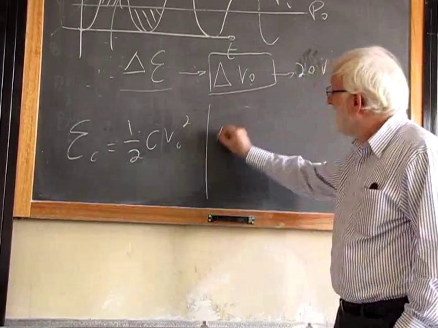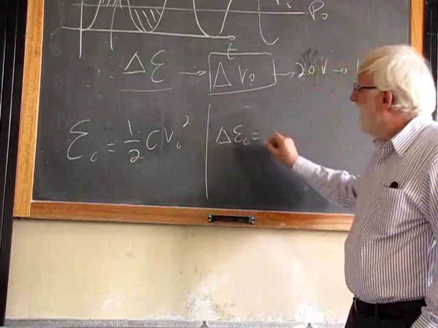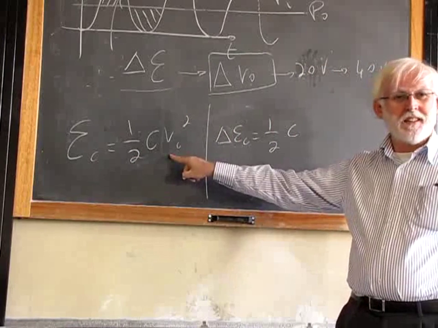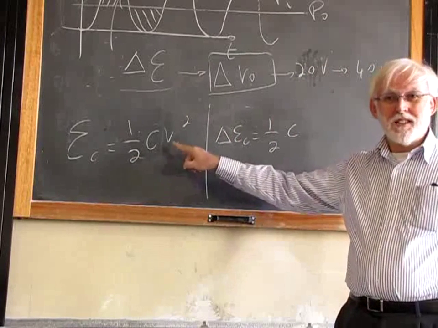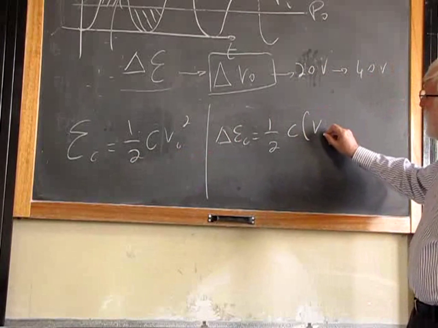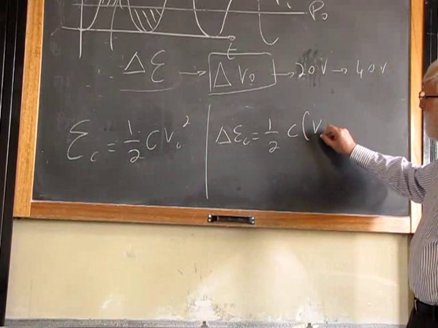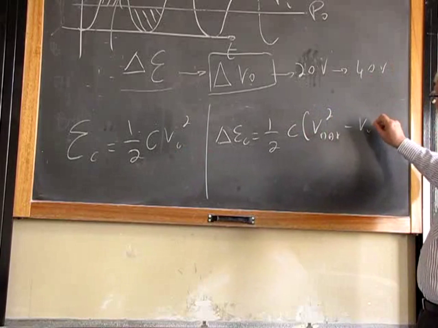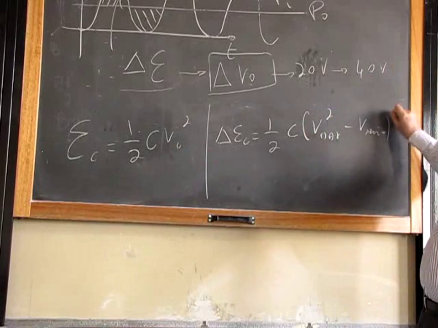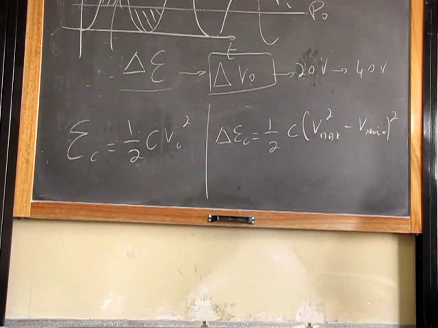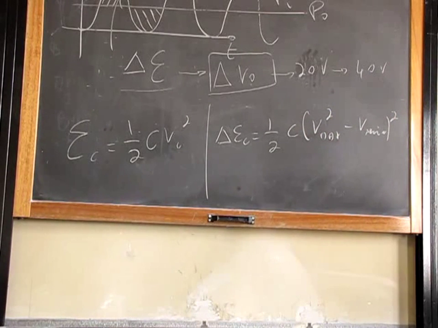So delta E_C equals one half C. Please don't write delta E_C equals one half C times delta V squared, because this is a nonlinear function. This is V max squared minus V min squared. There is a square, so we cannot say just delta V squared.